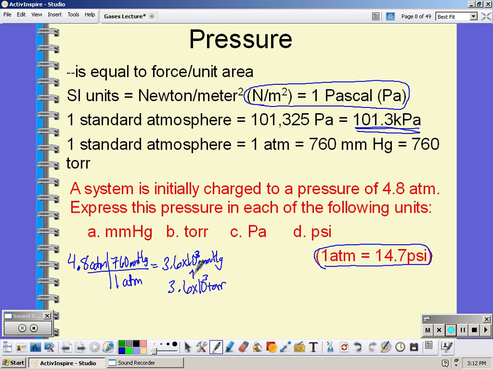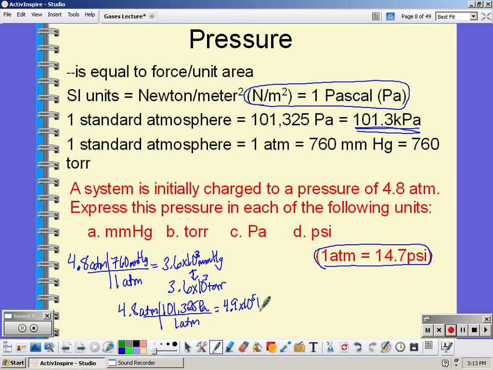Alright, so for kilopascals, you'd start with 4.8 ATM. 1 atmosphere is 1,325 pascals. So that would give us an answer of 4.9 times 10 to the 5th pascals. Now that's pretty large.